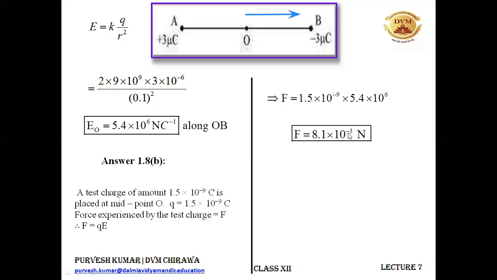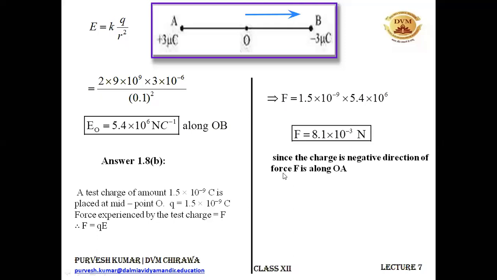I'm waiting for your responses. Please respond in the chat box. The direction of this force, because it's a negative charge, will be OA. I've explained why it is OA: this negative charge will be attracted towards the charge present at A, and it will be repelled by the charge present at B.